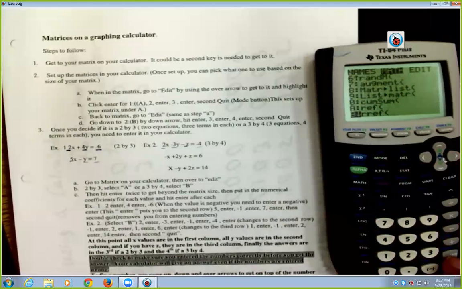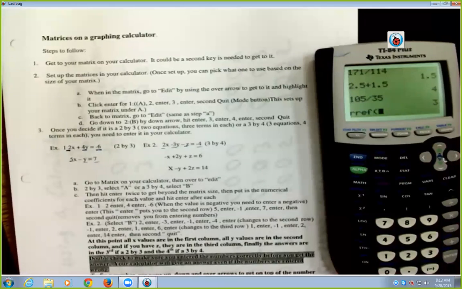Then hit enter. It will put it onto your main base piece of your calculator. Are we there? Anybody not there? Yeah, and then just hit enter. Okay, now you got it.